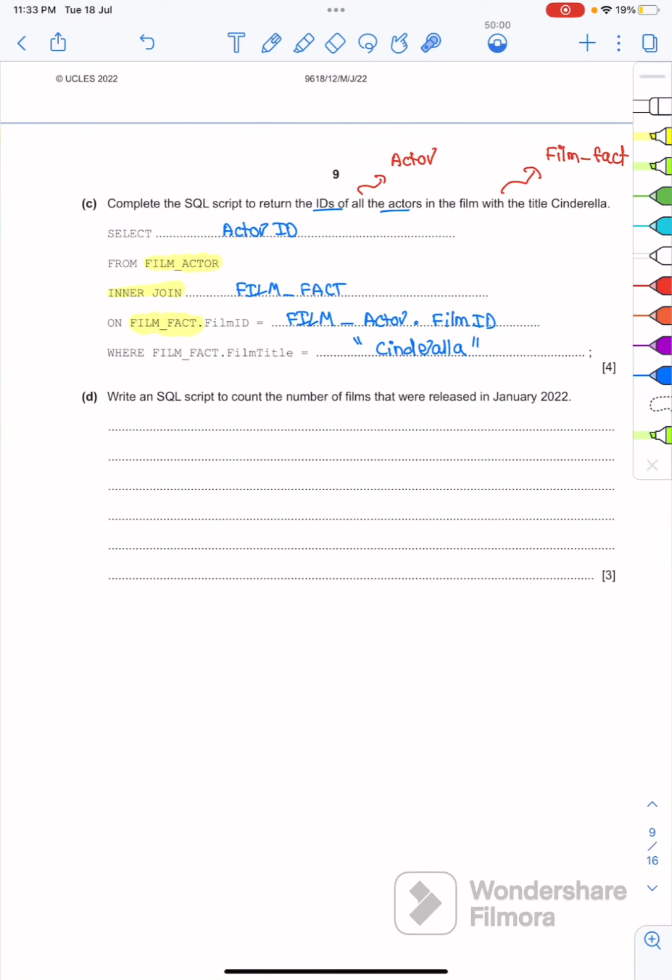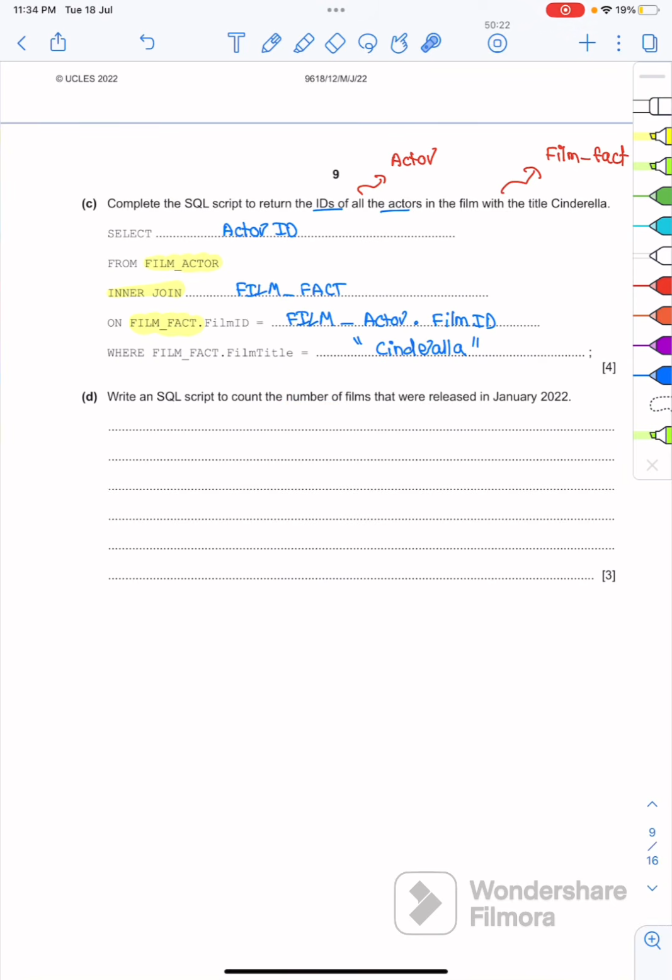Write an SQL script to count the number of films that were released in January. So first we were returning, now we're going to be counting, right? So what are we counting exactly? They said count the number of films that were released in January 2022.